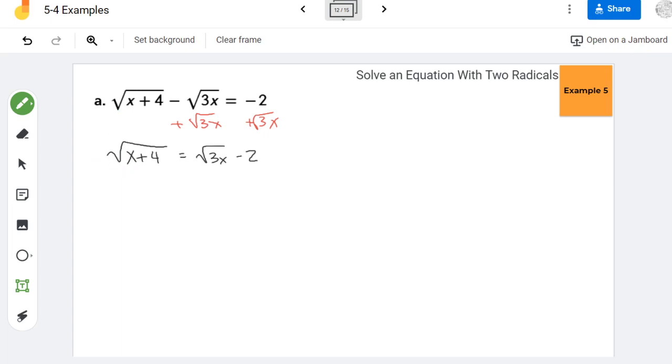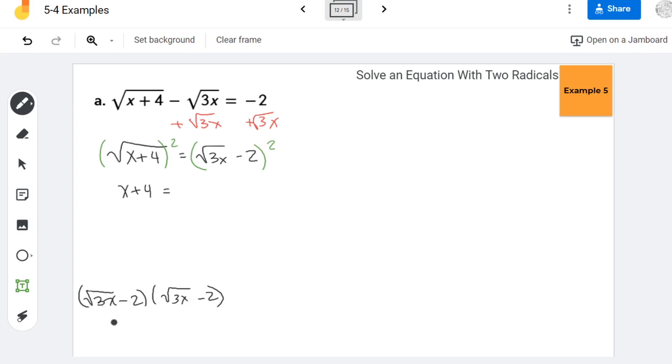And again, to get rid of a radical, I'm going to square both sides. So this left-hand side turns into x plus 4. And on this right-hand side, I'm going to expand that. So I'm going to take the square root of 3x and times it to each of those.